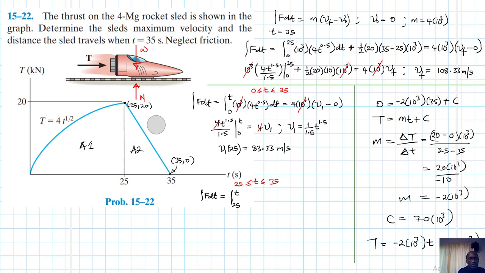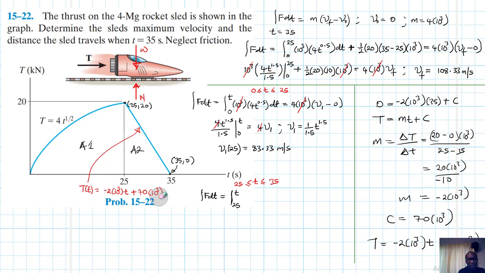So let me just move it a little bit there. This one is F, a function of t, equal to minus 2 × 10^3 t plus 70 × 10^3.